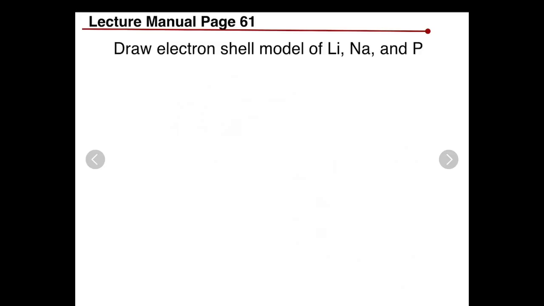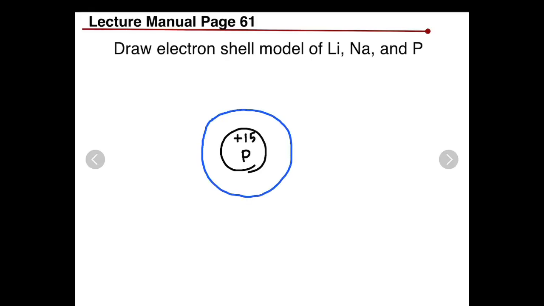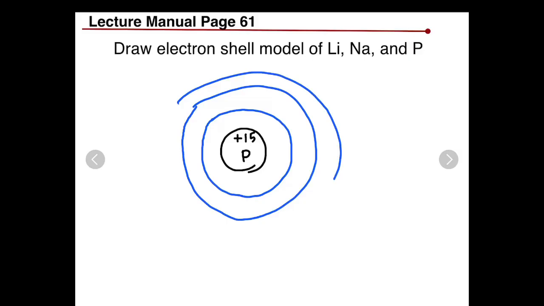All right, let's check your answer. Okay, so phosphorus contains 15 protons. Okay, so that would be 15 protons. And the first layer, so we have 3 layers. So I'm just going to go ahead and do 1 layer, 2 layers, and 3 layers. Okay, the first layer contains 2 electrons. Okay, 1, 2. The second layer contains 8.